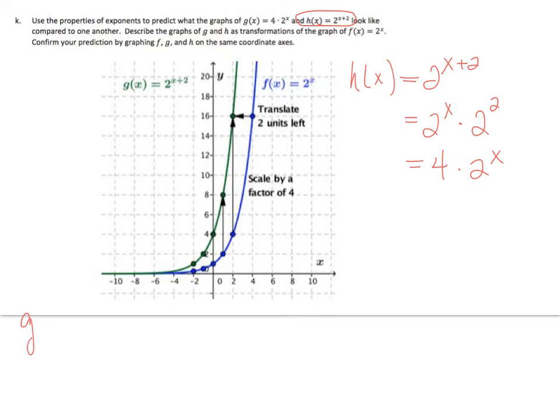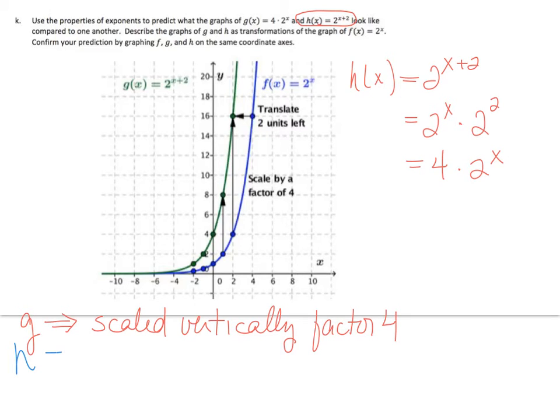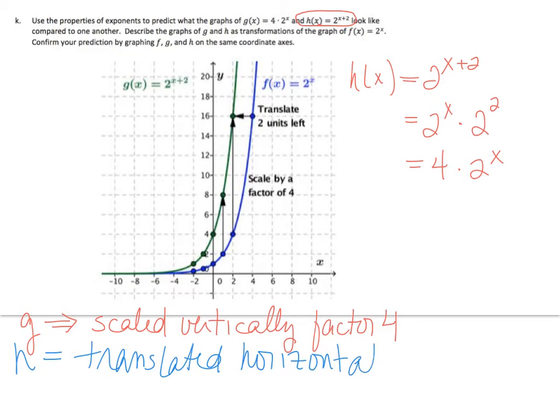But the graph of g is scaled vertically by a factor of 4. g of x is scaled vertically by a factor of 4, and then h is translated horizontally two units left.